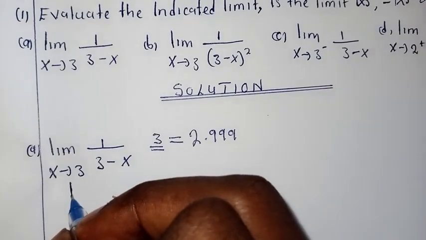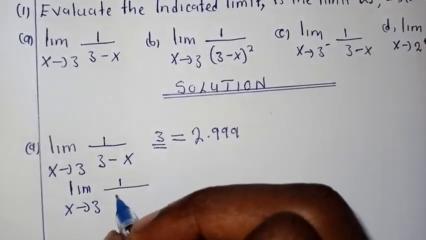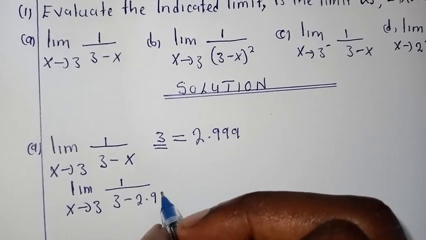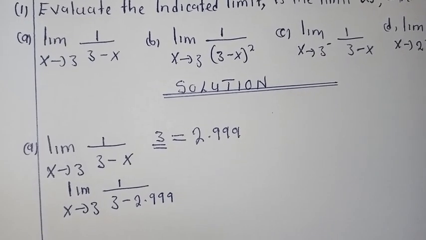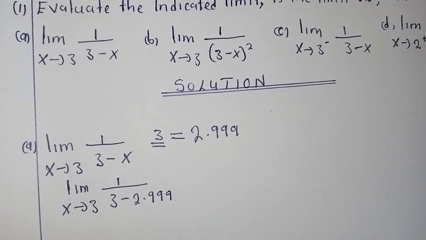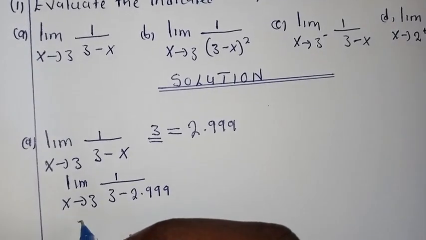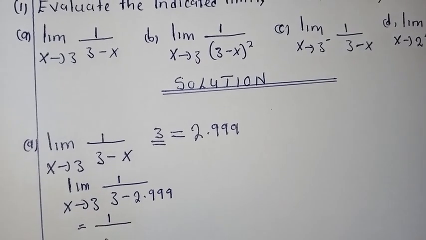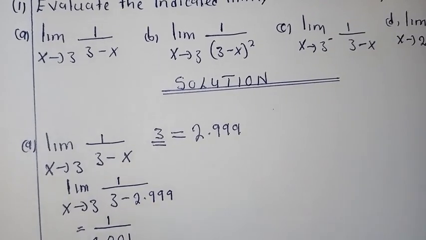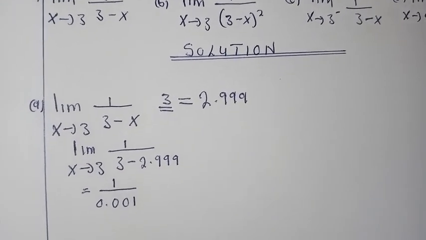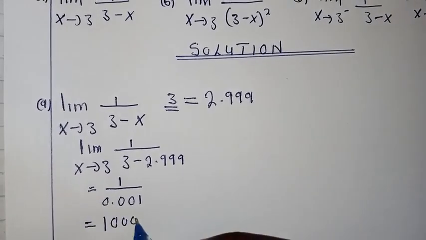So we are going to get the limit as x is approaching 3, 1 over 3 minus 2.999, like that. Okay, so upon doing this, we are going to get something like 0.001. But then we know that if we divide this, we're going to get something like 1,000.